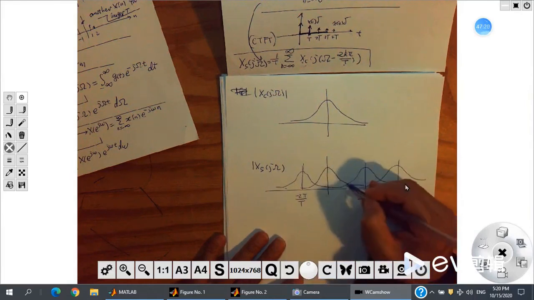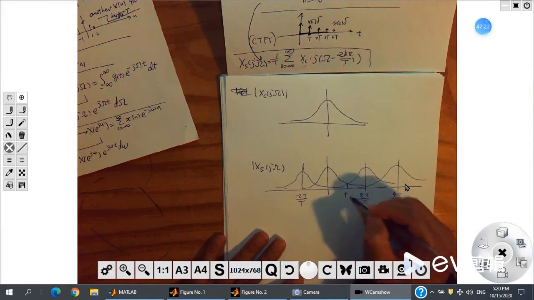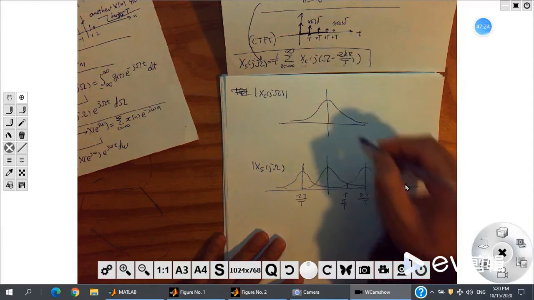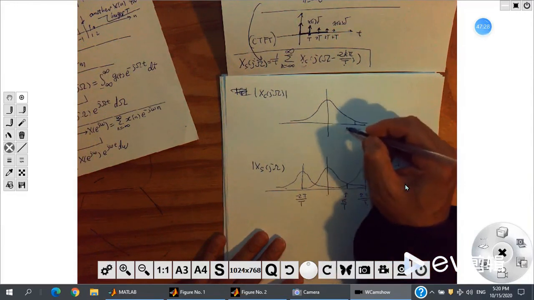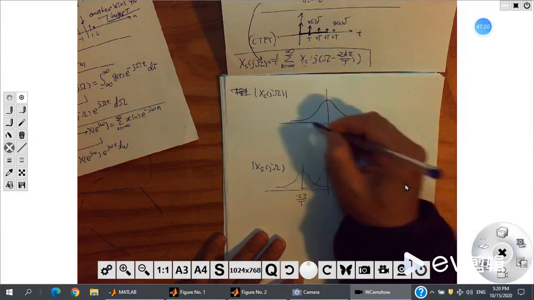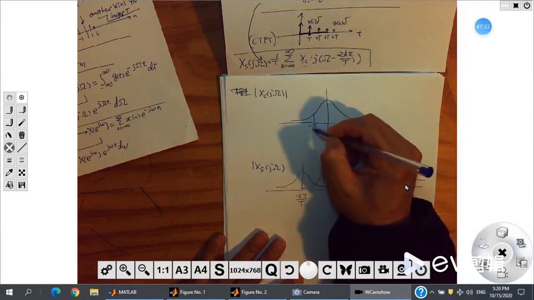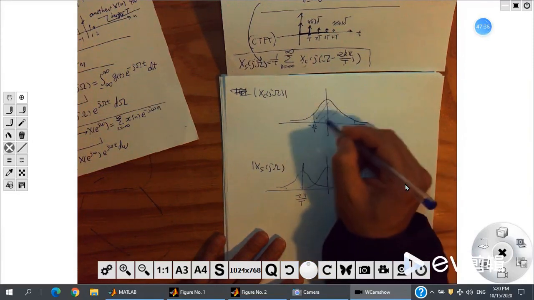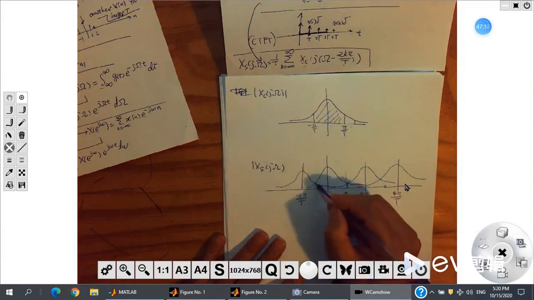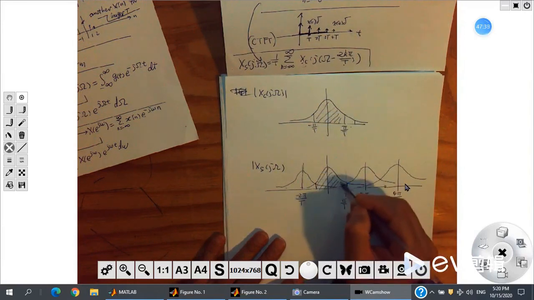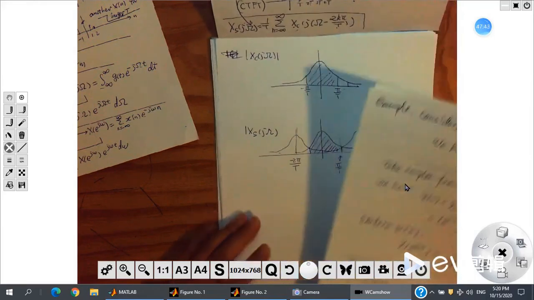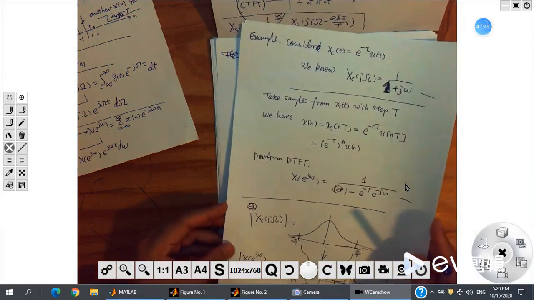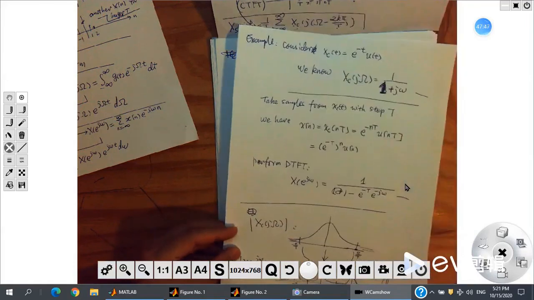And this point is pi over T, negative pi over T. You can compare with this one.